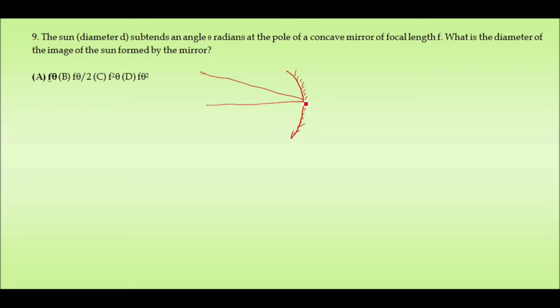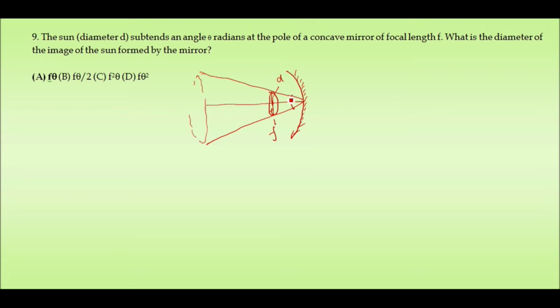So the image of sun is formed at the focal point. Now you have to calculate the diameter of image of sun formed by the mirror. So this is the diameter of image of sun formed, and this image is formed at the focal point.